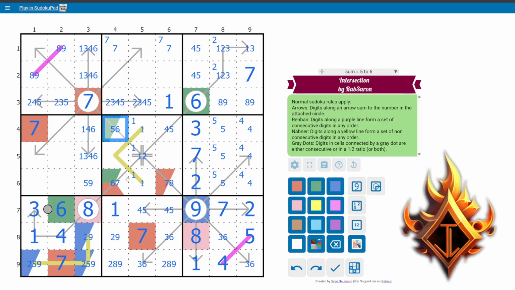Any numbers missing from this besides 9? 1, 2, 3 are all missing. Those are going to be very difficult to all fit on the line. On the Nabner line, I mean.